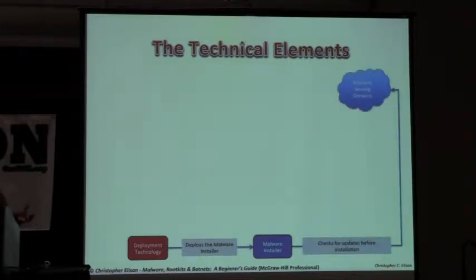So usually before installation, it would first check whether there's an updated malware in the malware serving domain. If there's none, then it would not do anything unless it's a dropper. If it's a dropper, it would just install what it has, what it's been carrying.